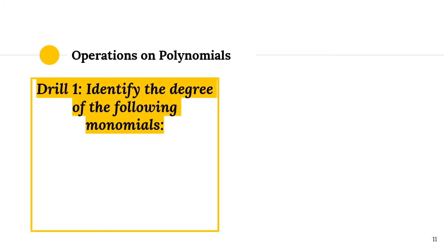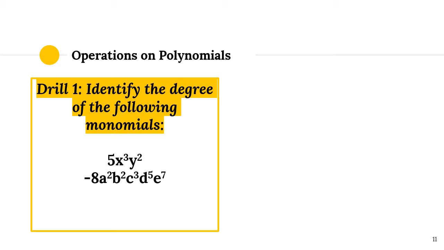Now, let's try to identify the degree of the following monomials. We have 5x cubed y squared. What's the degree of this monomial? This is very simple. It's 3 plus 2, which is 5. The degree is 5. Next, we have negative 8a squared b squared c cubed d fifth e7.